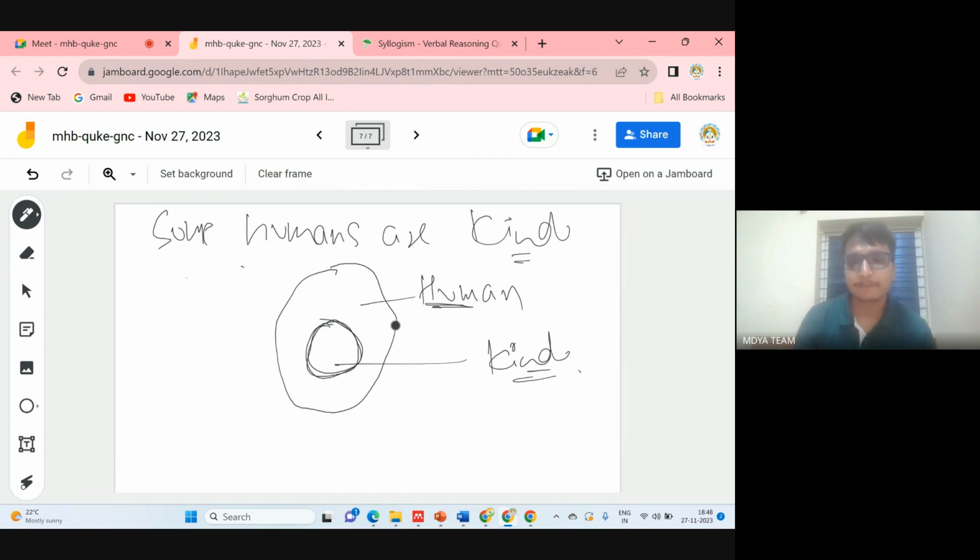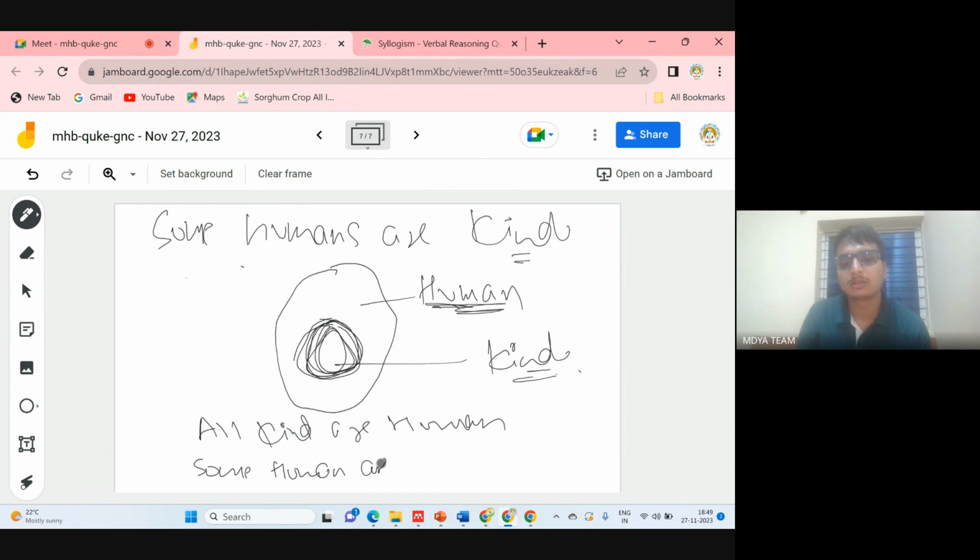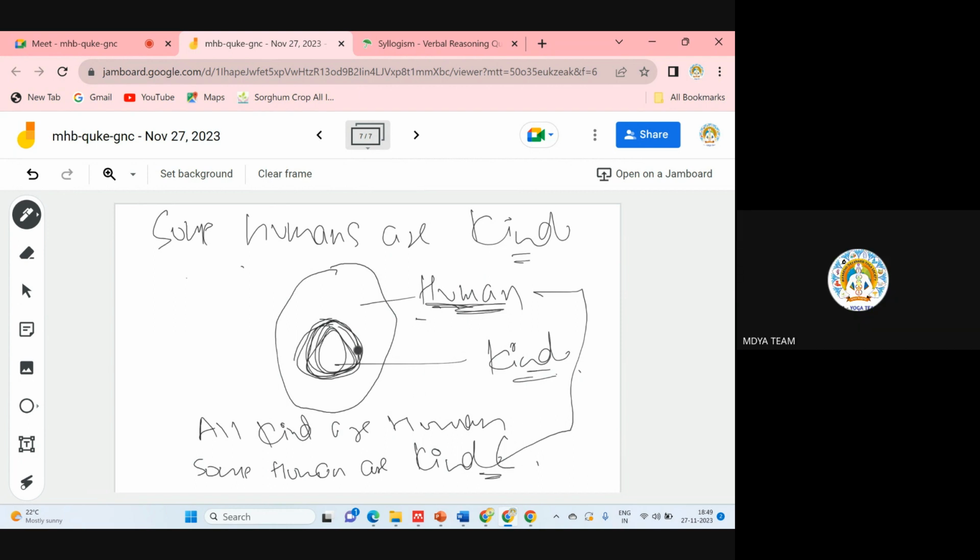Try to understand. It is all kind are human, because kind is a smaller circle and it is covered fully by human. It means all kind are human. But for human, only this part of the bigger circle is acquired by kind. So some humans are kind. This Venn diagram also tells us this. Not kind, right, sir?